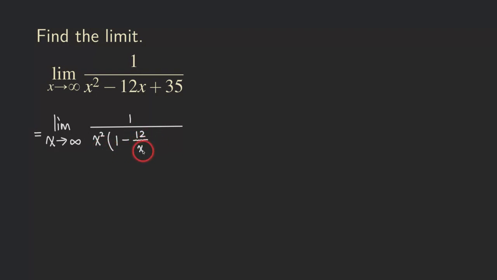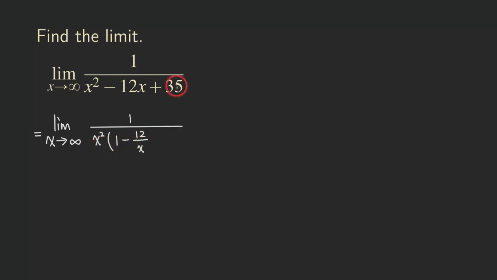Just think about it: if you distribute the x squared back into the parentheses, x squared times 12 over x, you can reduce the fraction by canceling the x, which lowers the power by 1 and gives you just the x. So negative 12 over x is what you have left in there.